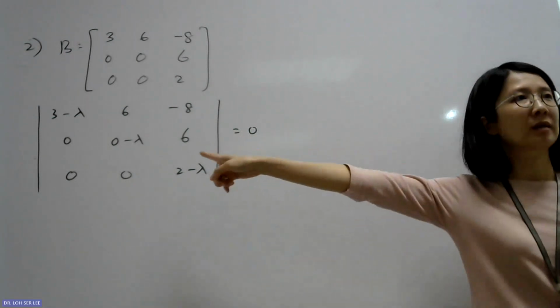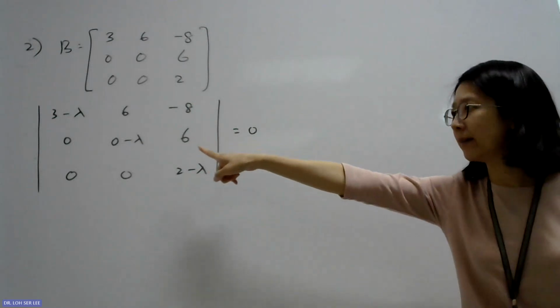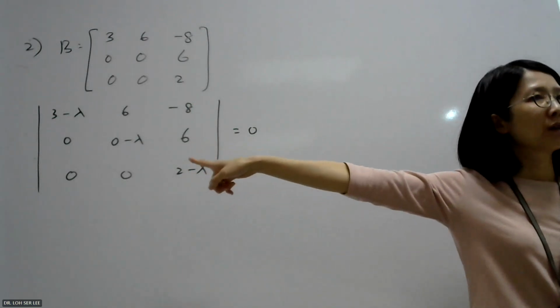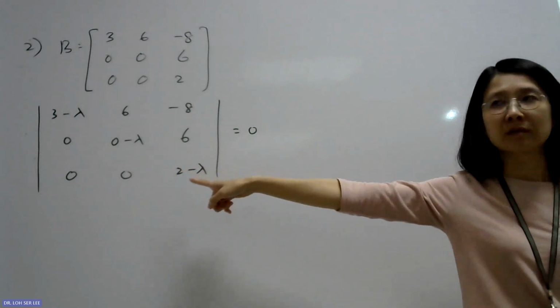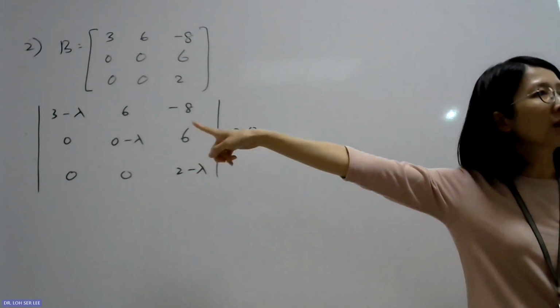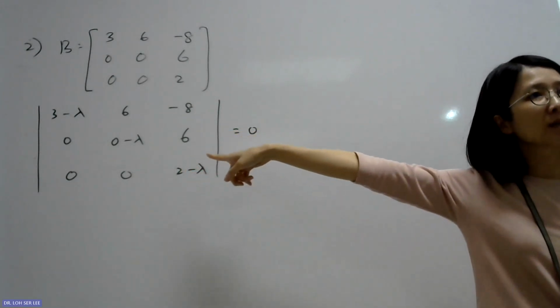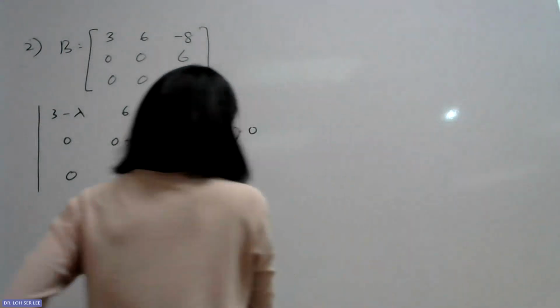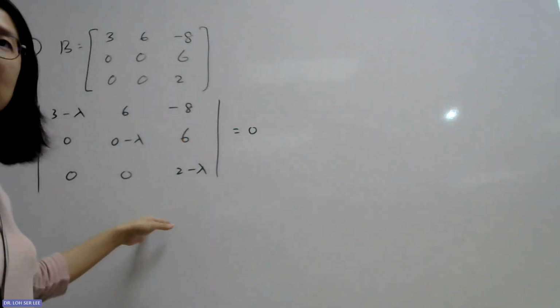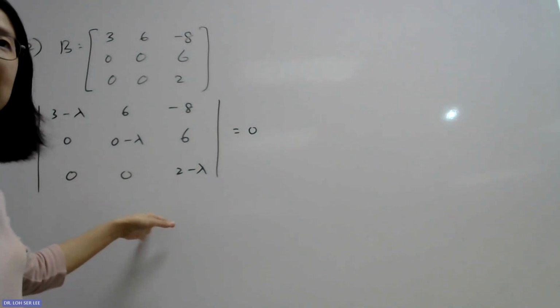This question, you can get the eigenvalue in just a few seconds. Look at here. How do you get the determinant for this matrix? You use cofactor expansion, you use a shortcut. What else?